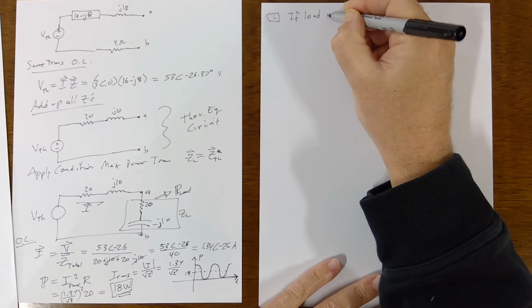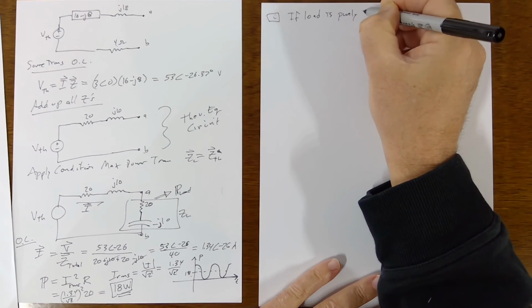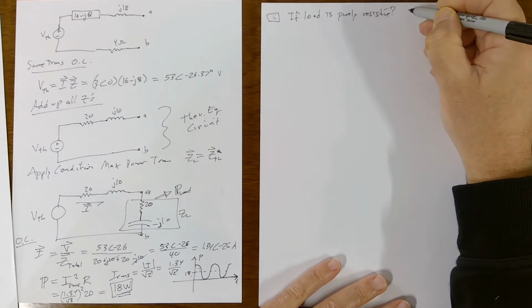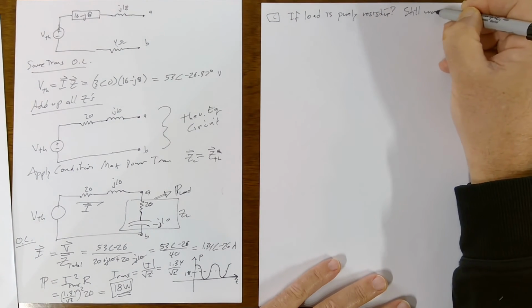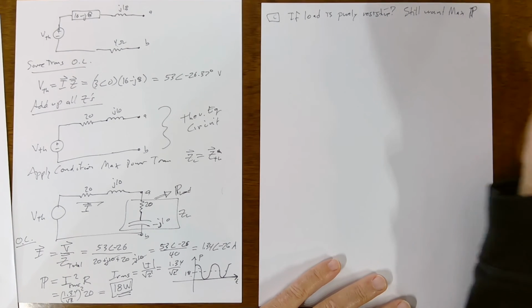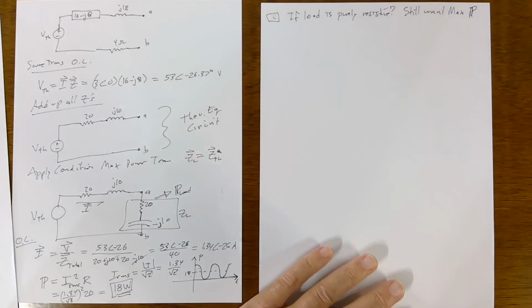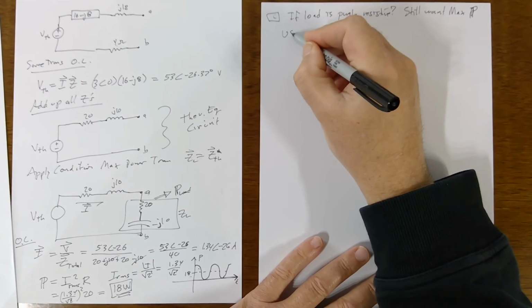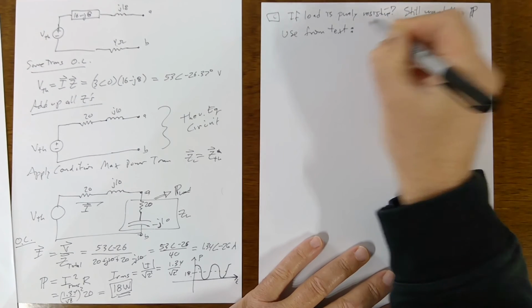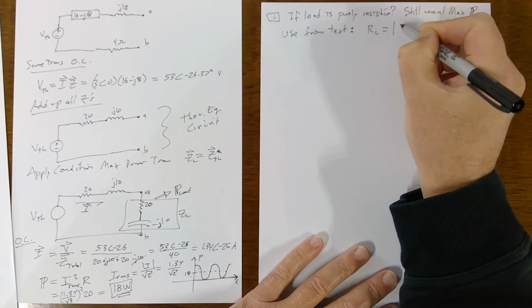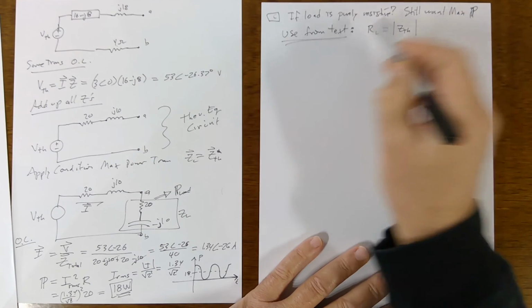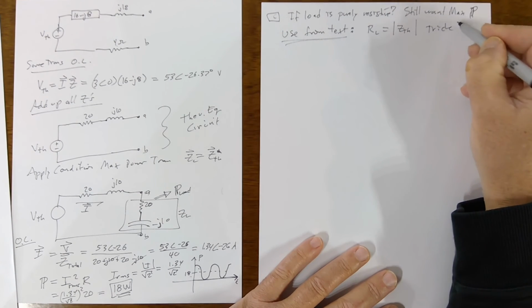If load is purely resistive, and we still want max P, but we only have resistance to work with, we have to use this little trick from the text. We have to use R sub L is the magnitude of Z sub Th. So this is another trick.